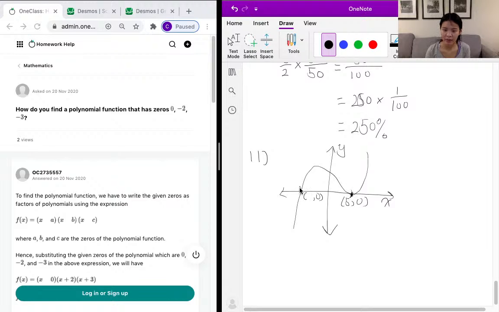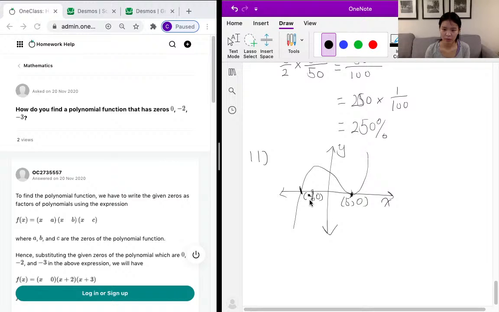And here we know that the x is probably something like -7 because it is negative over here. And again, the y value is just 0 because that's when the function crosses or touches the x-axis. Perfect. So in this case, we want to find the polynomial function that has zeros 0, -2, and -3.